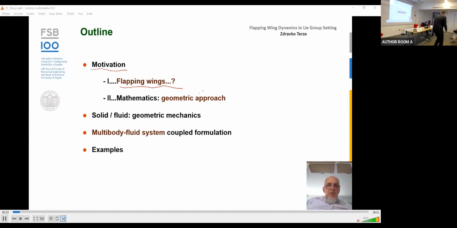Then, I will focus on the mathematical part, giving you a motivation of adopting geometric approach for modeling, mathematical and mechanical modeling of our systems. After exposing few fundamental issues on solid fluid geometric mechanics, I will proceed with multi-body fluid system coupled formulation, and in the end I will provide a few examples.